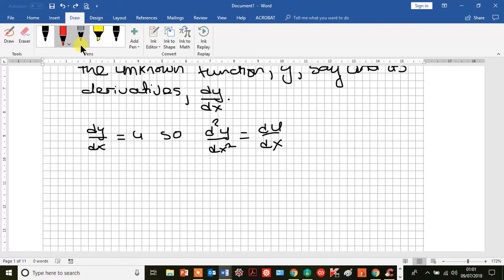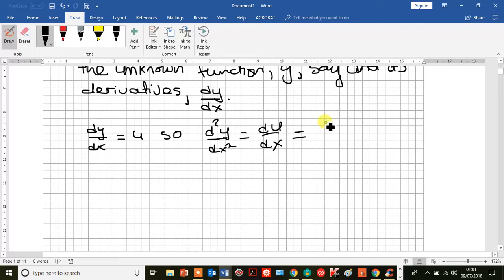Now, because we've got a y times a second derivative of y with respect to x, if we substitute that back into equation 1, the problem is that we end up with 3 variables in the equation, and we don't want 3 variables. So what we do is we use the chain rule, and we split this up into du over something, I'll just call that a question mark at the moment, times question mark over dx.